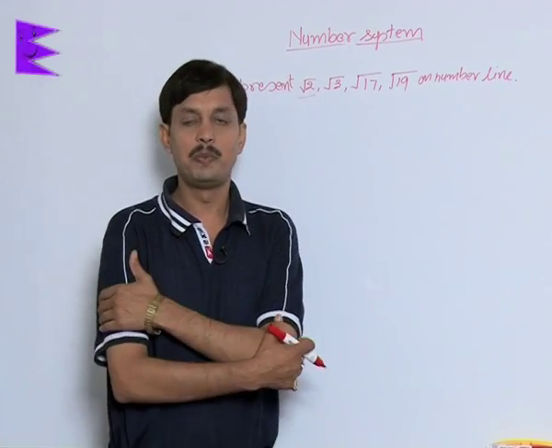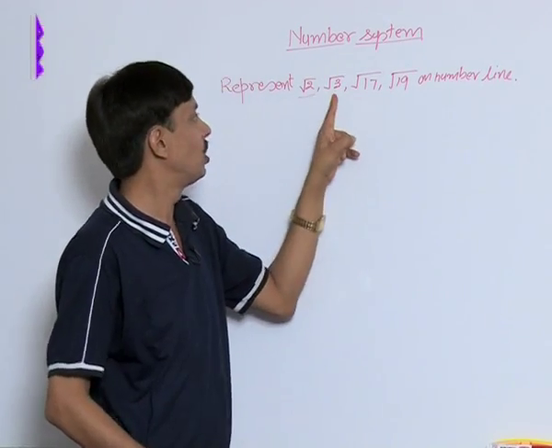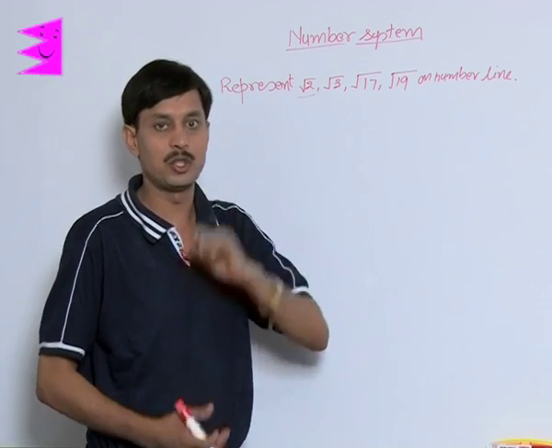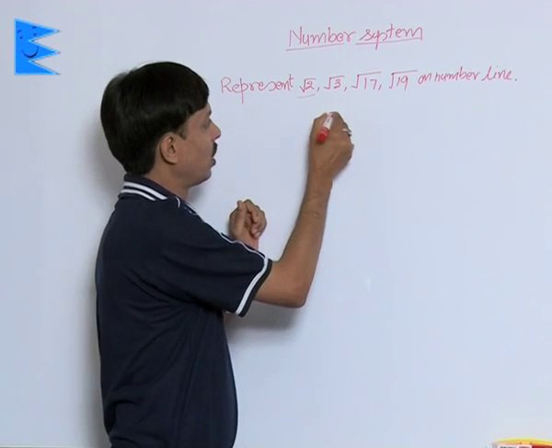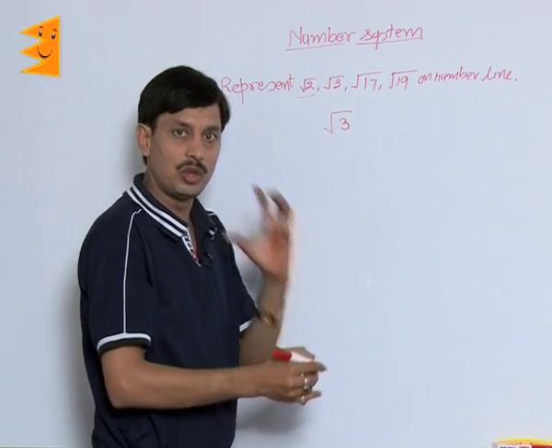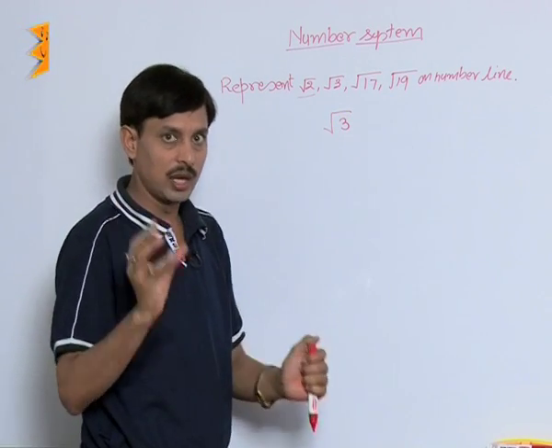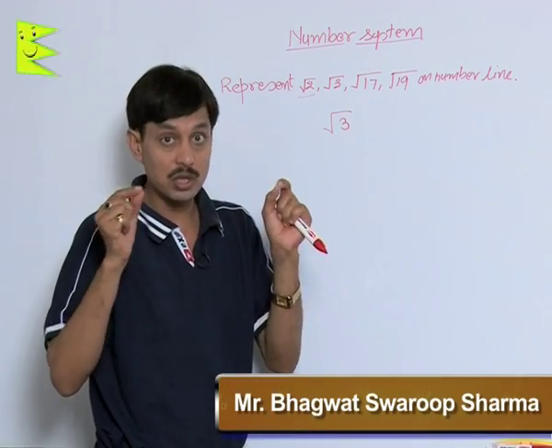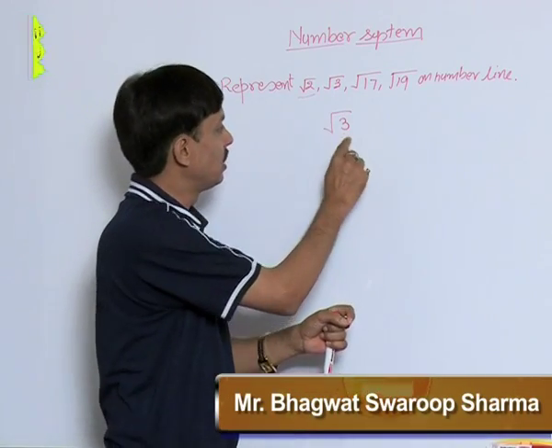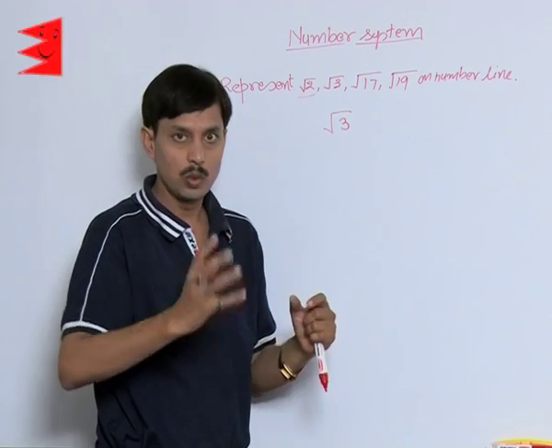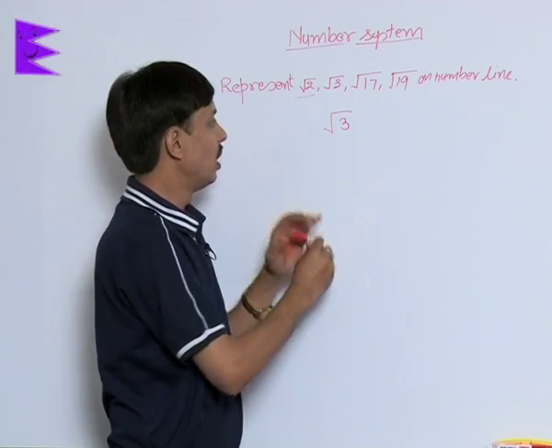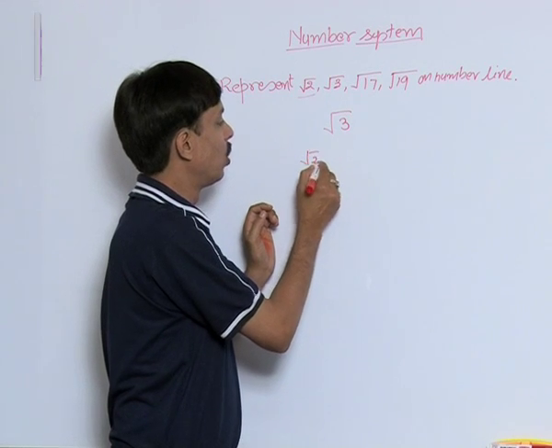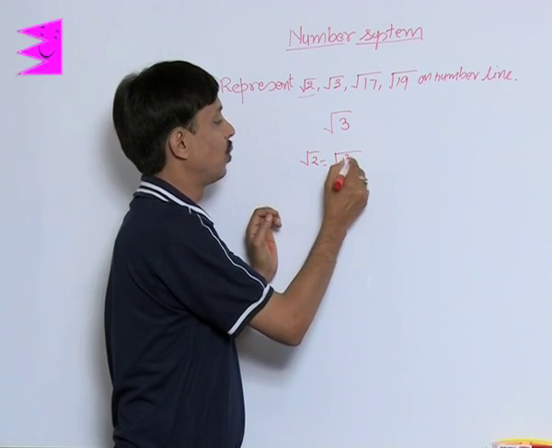Now I want to explain how root 3 can be expressed on the number line. Because I want to express root 3, I will think that there must be two numbers whose sum of squares is 3. To convert it into a Pythagorean triplet, as I told you initially, for root 2 we wrote 1 square plus 1 square.